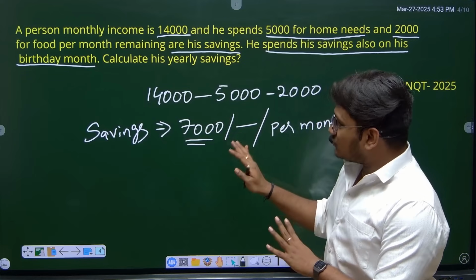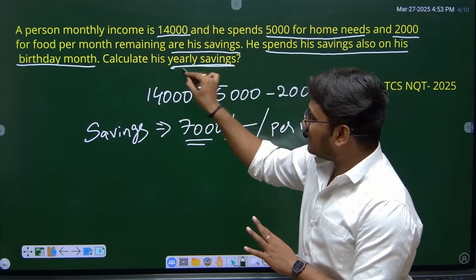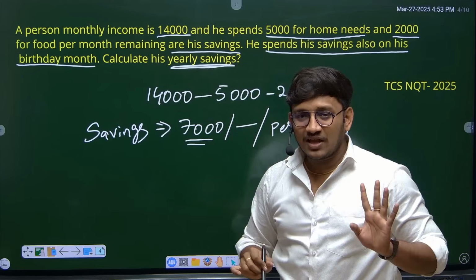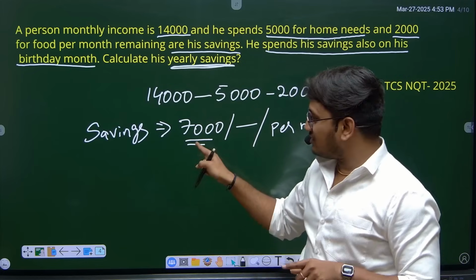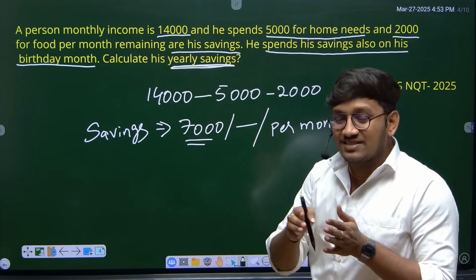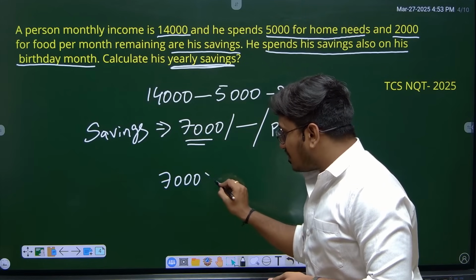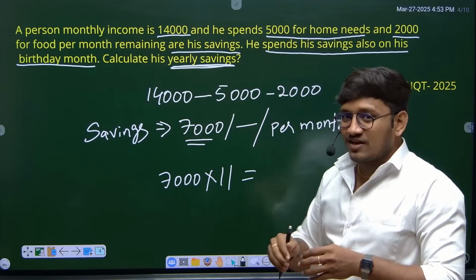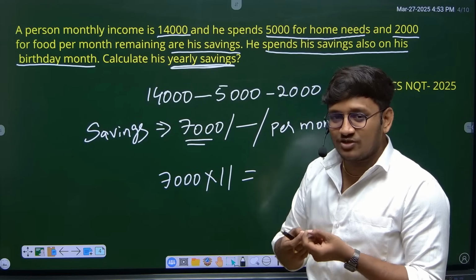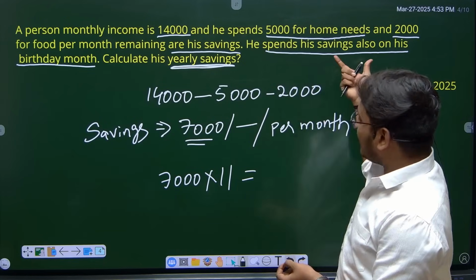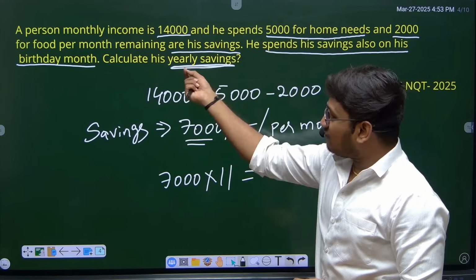So the question is, what is his yearly savings? Except his birthday month, he will save 7,000 every month. How many months does he have except his birthday month? 11 months, right? So 7,000 into 11. Students often make a small mistake during the exam: if they do not consider this condition, they will do 7,000 into 12 for yearly savings.